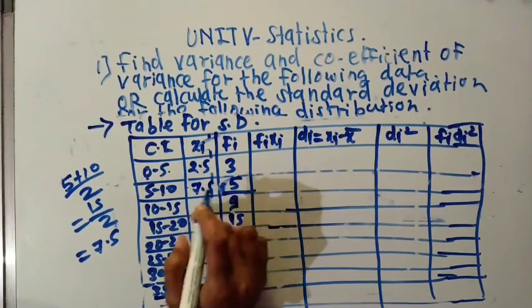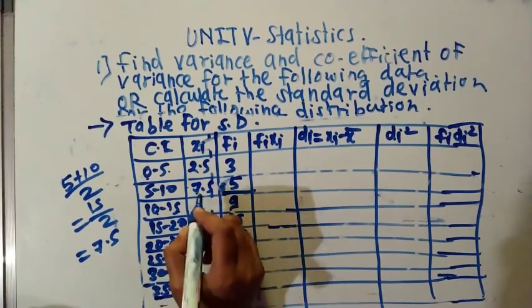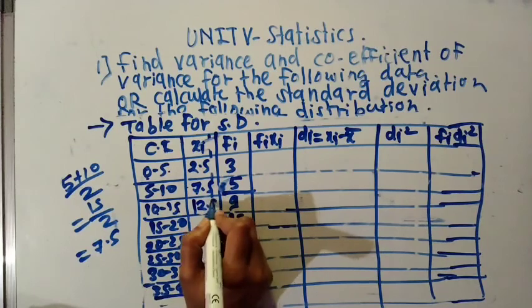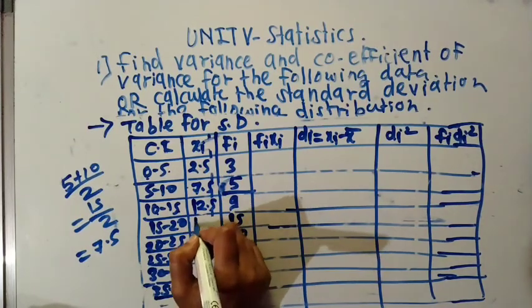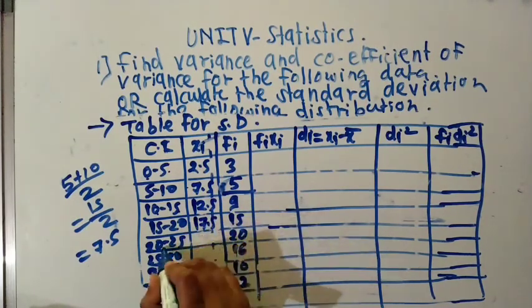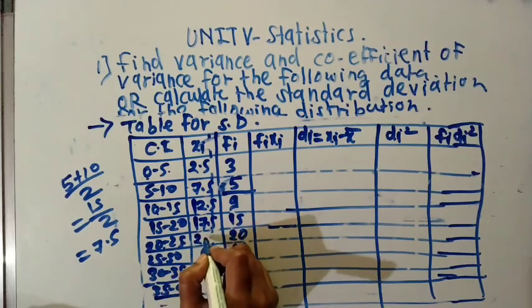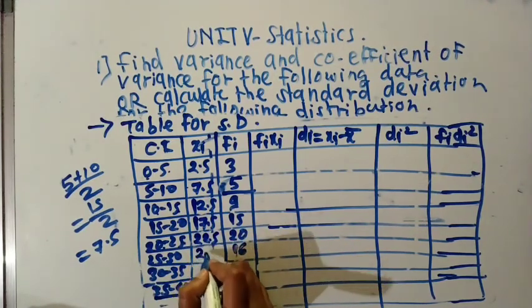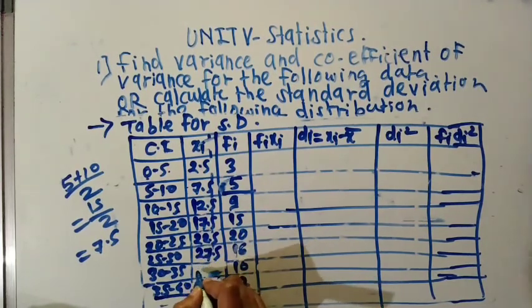Then find out all these values: 10 to 15 is 12.5, then 17.5, 22.5, 27.5, 32.5, 37.5.